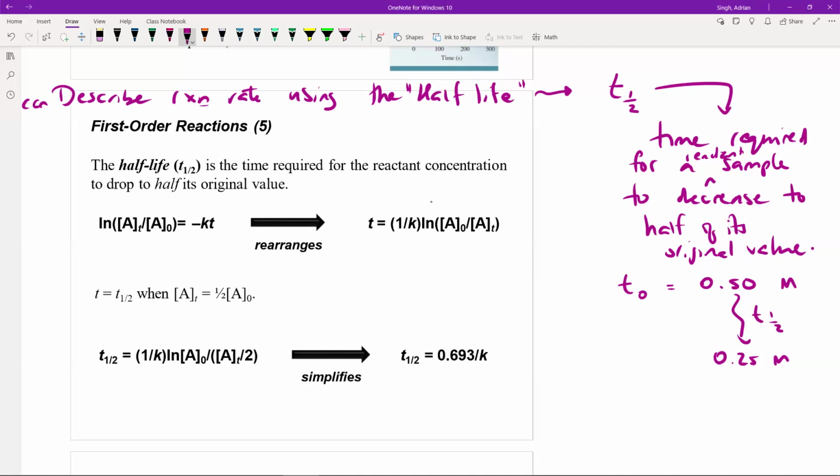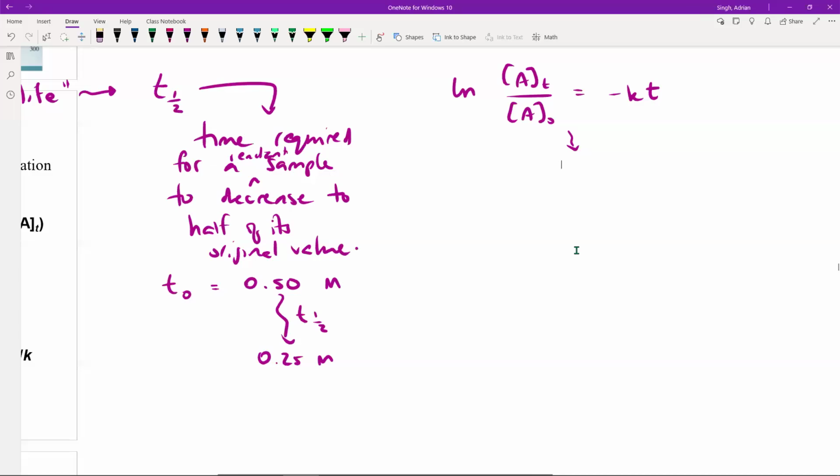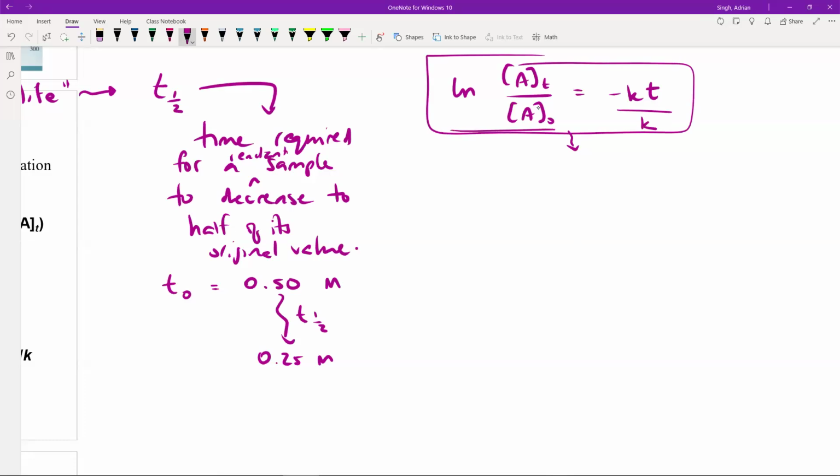So now we can write the expression for the half-life. If we have t in our original integrated rate law equation, and I want to isolate just t on one side because I want the half-life, I divide this side by k, and I need to divide the other side by k as well.